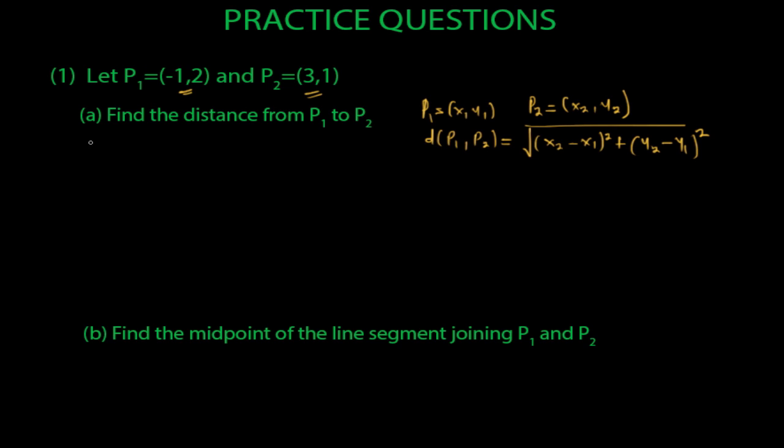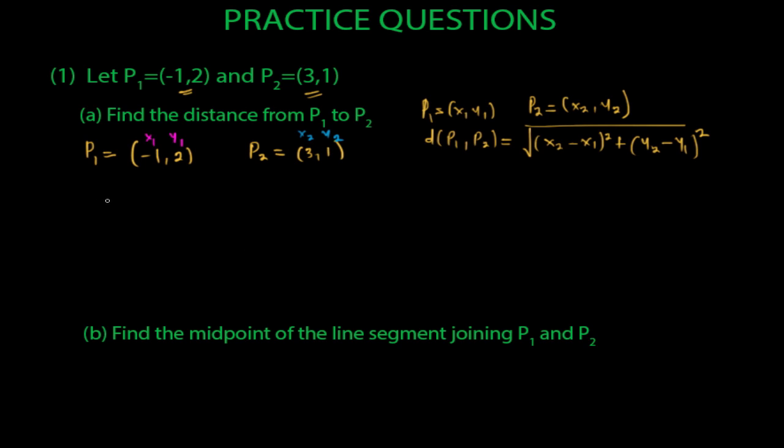So now we are given our points here. The point we are given is P1 to be (-1, 2), and then we are given P2 to be (3, 1). Now I want to find the distance between P1 and P2. So here this is my x1, this is my y1, and for P2, this is my x2 and this is my y2.